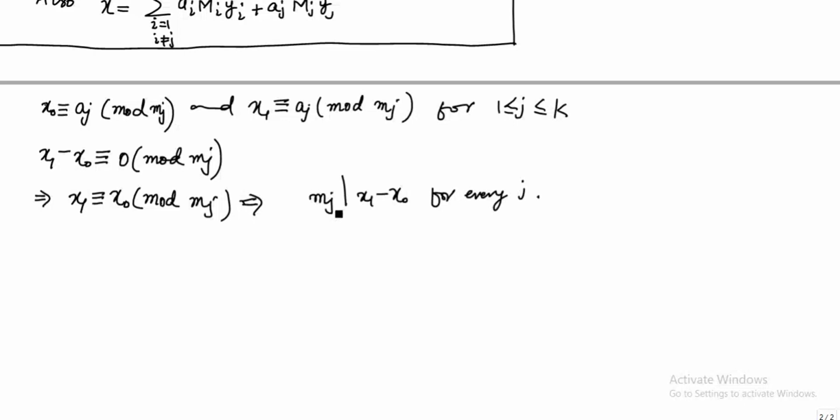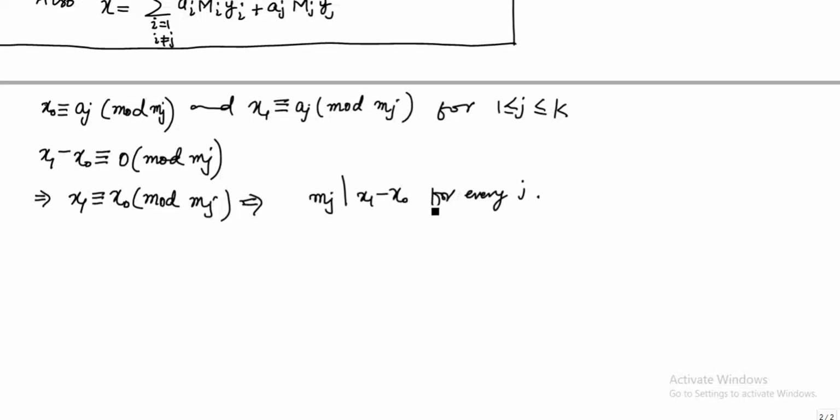So if mj divides x1 minus x null for every j from 1 to k, it means m1 divides x1 minus x null, m2 divides x1 minus x null, till mk divides x1 minus x null.